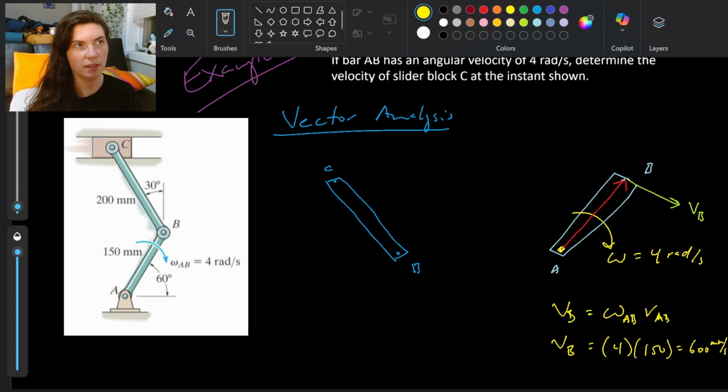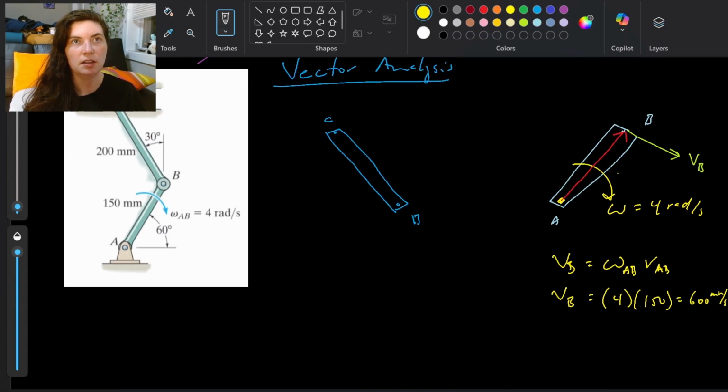I didn't bother to convert out of millimeters, which is fine. It just means my units are going to be millimeters per second instead of meters per second. So VB is going to be 600 millimeters per second.